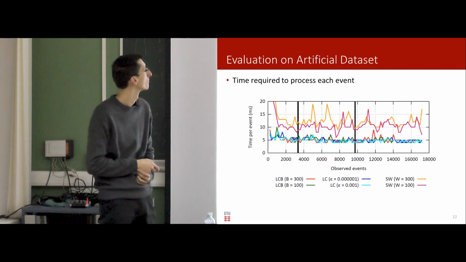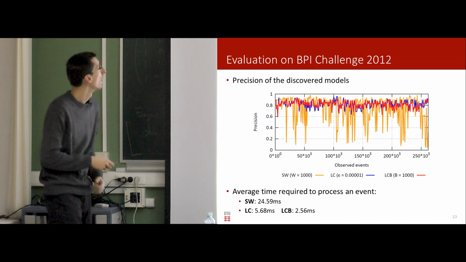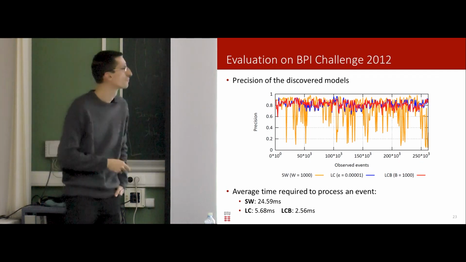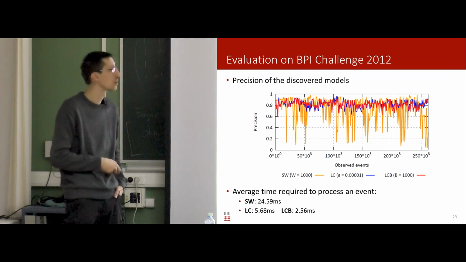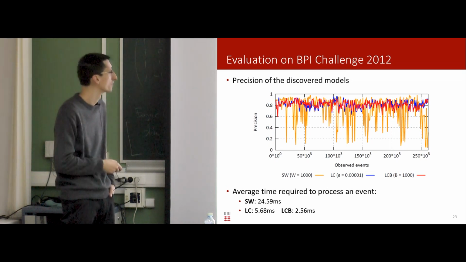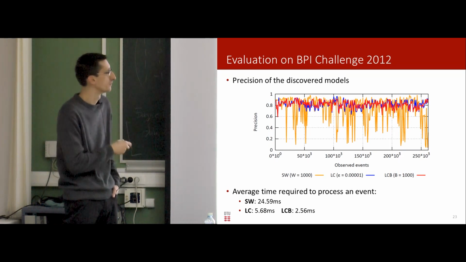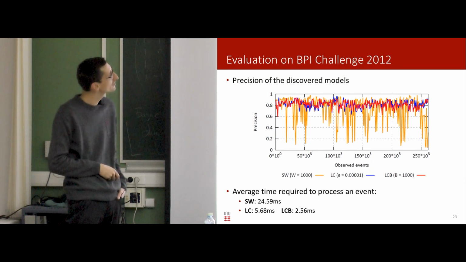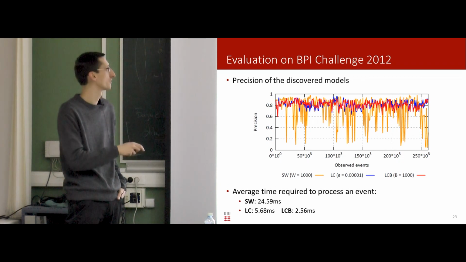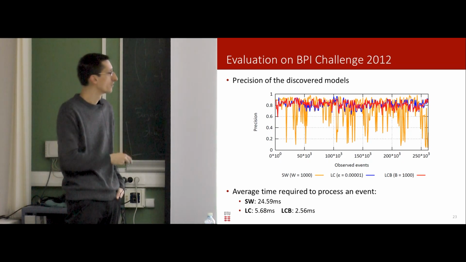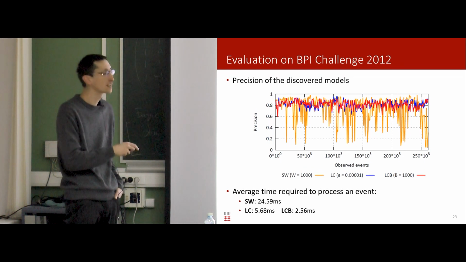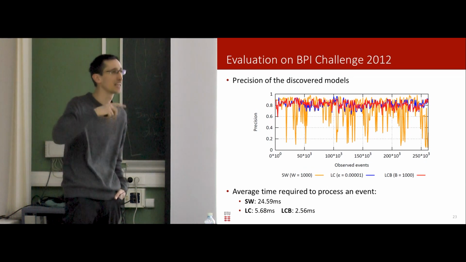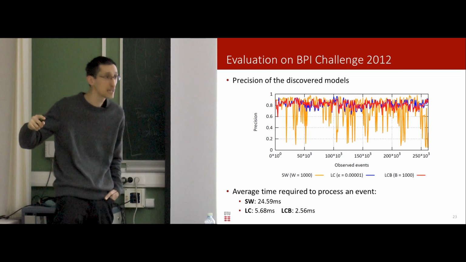No. Okay. For the BPI challenge, since we don't have the reference model for this log, we just computed the precision. And as you see, it's a bit complicated to see the precision, but what we can see here is that the sliding window with 1000 events is fluctuating quite a lot, which indicates that probably the results are not so stable.